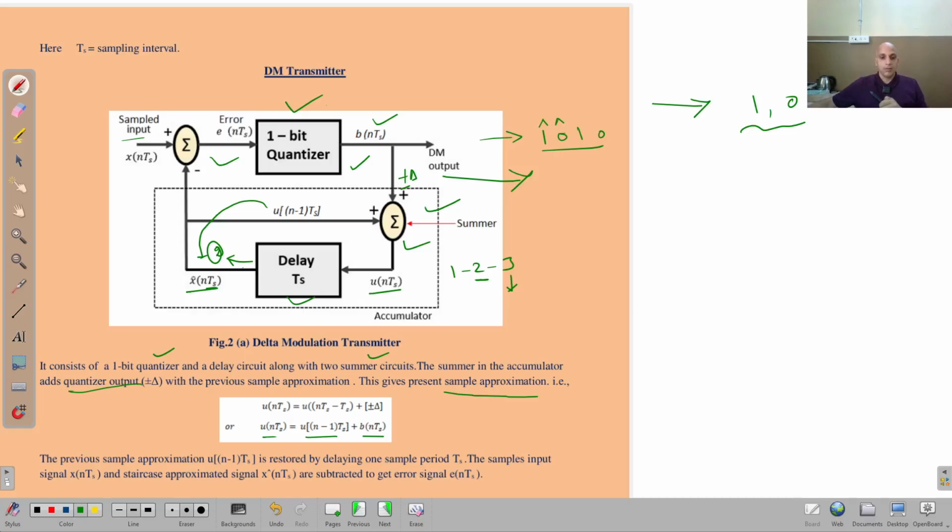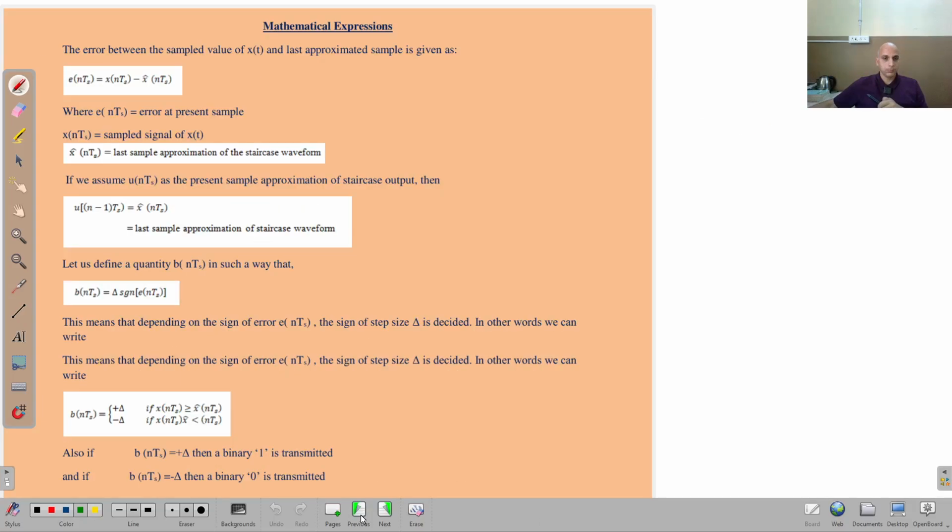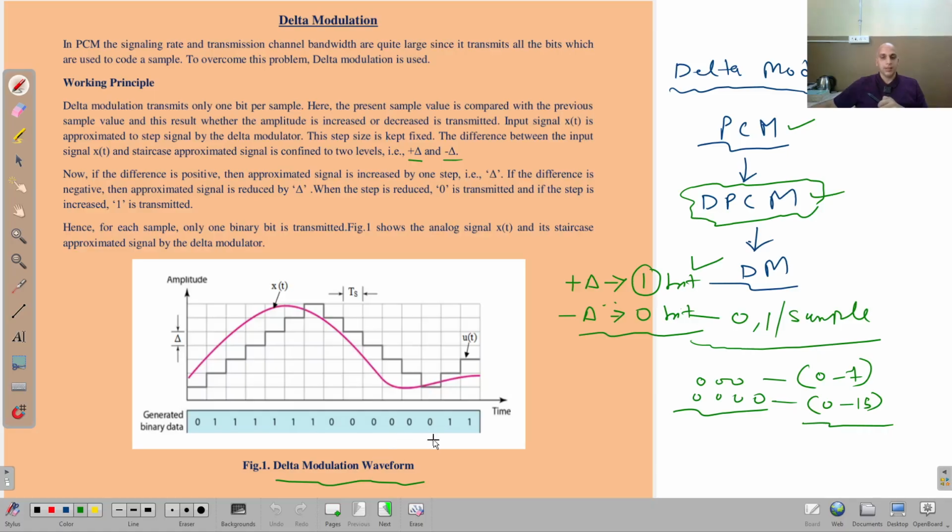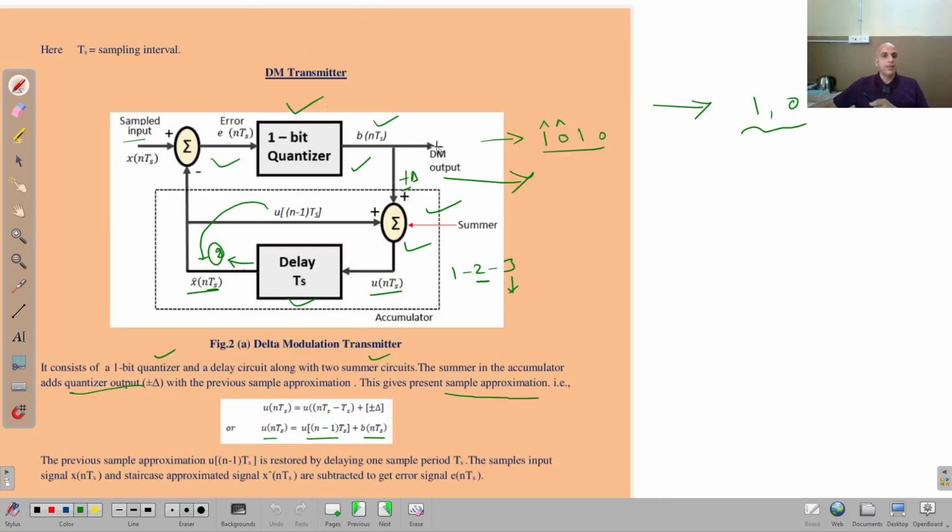Now I am going back to that graph. You can see here this graph now. This is the input signal, right? And this is the b(nTs). You recall that it was written there, b(nTs).